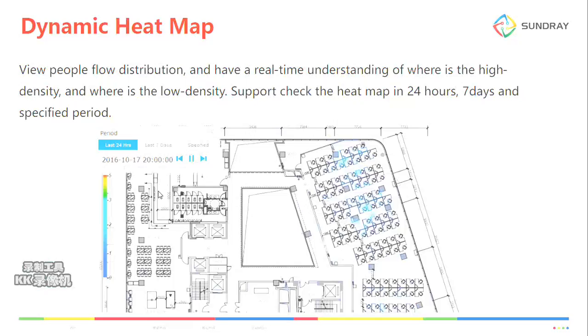And if it's more than 7 days, it will show it by every day. The heat map means that we will show on the map, in each area, how many times the client has appeared in this area. So this is what I mean by the heat map.